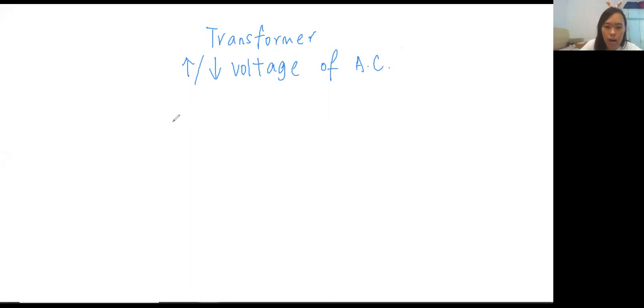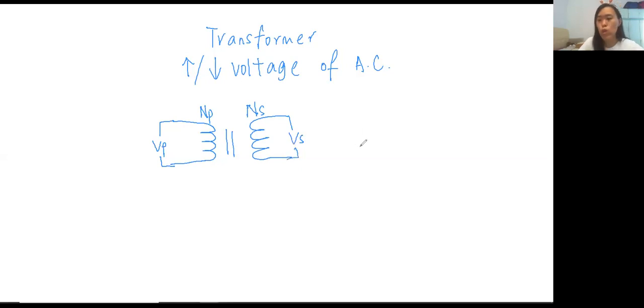So this is the symbol of a transformer. Here you will have the primary voltage, which we call the input voltage. Then this one is the primary coil, then this will be the secondary coil and also the secondary voltage, which we will call the output voltage.